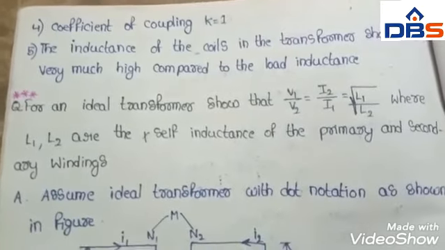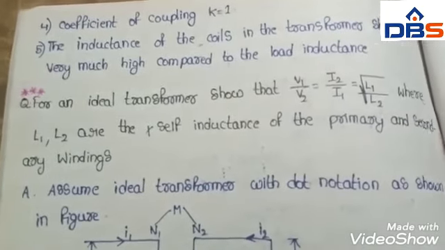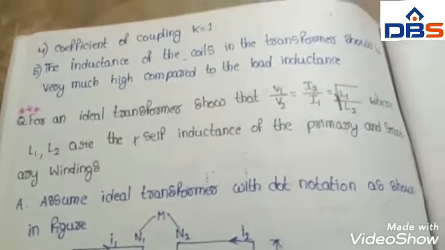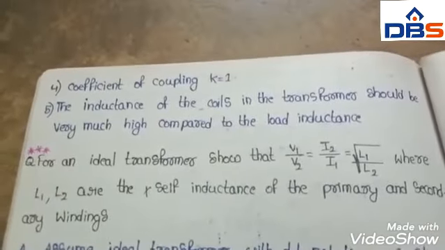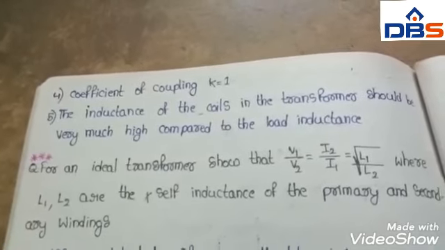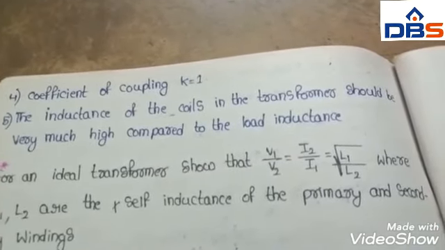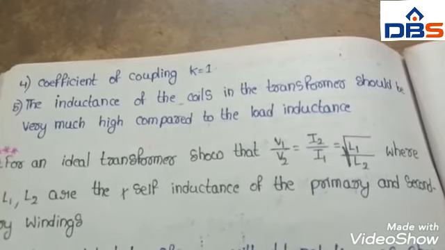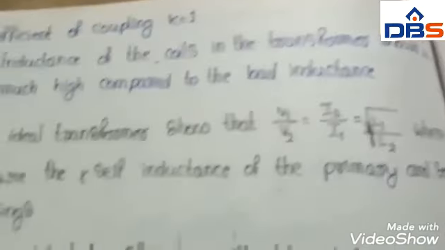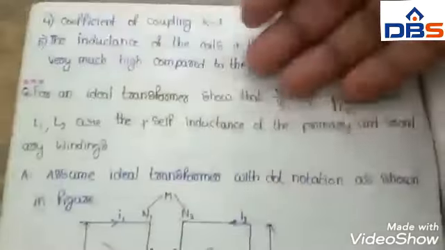The inductance of the two coils should be very high compared to the load inductance. So the main features of the ideal transformer are: no losses, efficiency 100%, resistance 0, copper losses 0, coefficient of coupling k equal to 1.